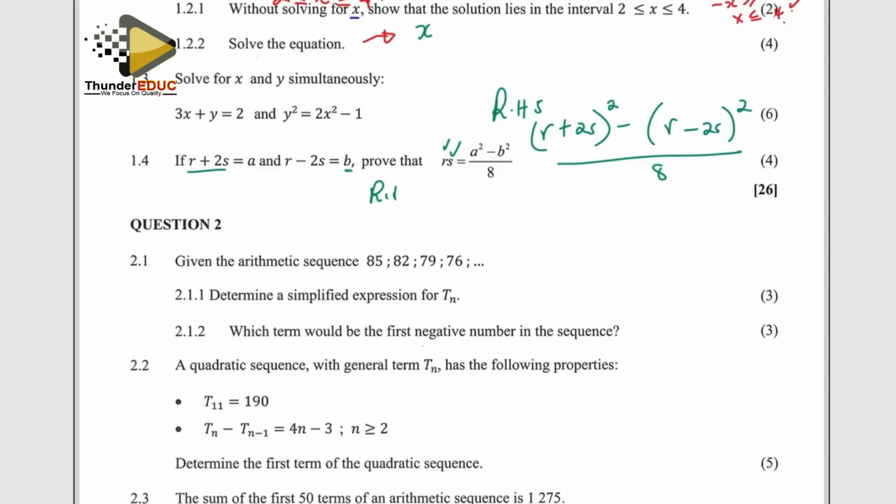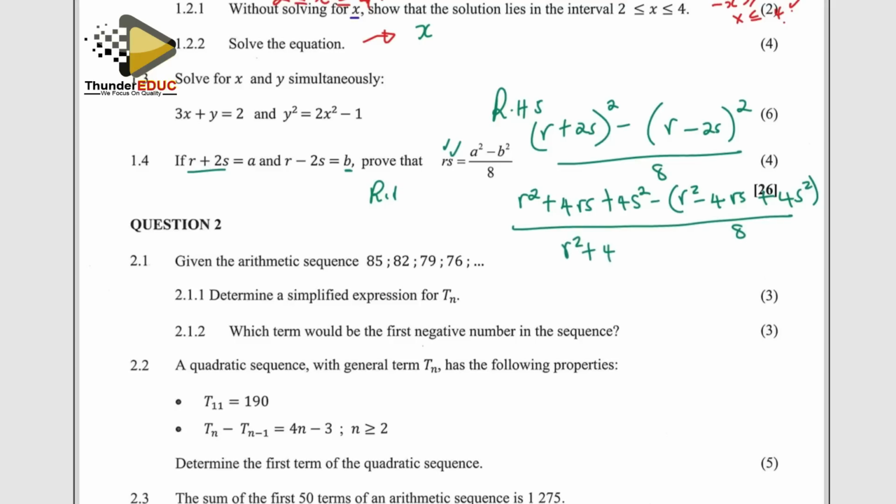When I open this up, I'm going to have r squared plus 4rs plus 4s squared, minus, when I open this up, r squared minus 4rs plus 4s squared, all over 8. I'll open this bracket with a negative sign, so it's r squared plus 4rs plus 4s squared minus r squared plus 4rs minus 4s squared, everything over 8.